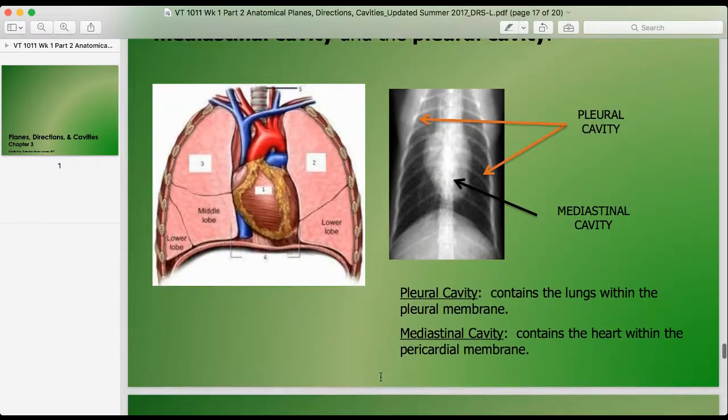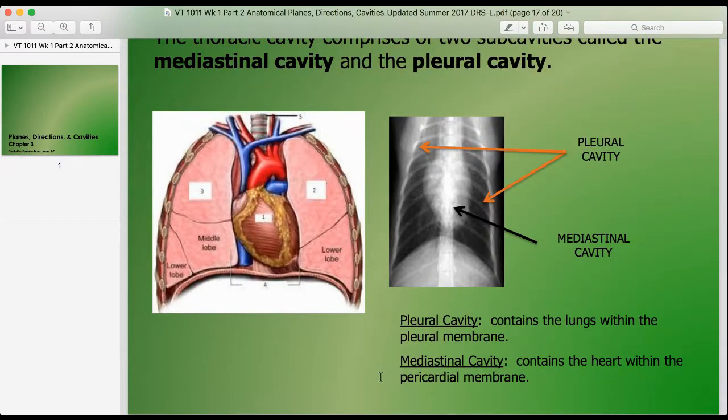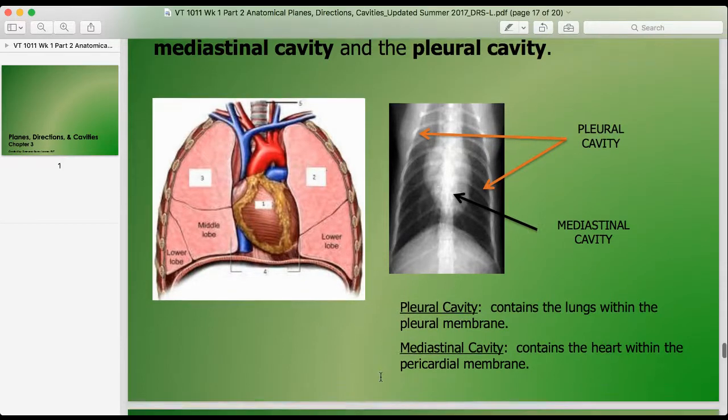The pleural cavity contains the lungs within what's called the pleural membrane, and the dividing line is our diaphragm, the muscle that divides the thoracic cavity from the abdominopelvic. And the mediastinal cavity contains the heart and the pericardial membrane.